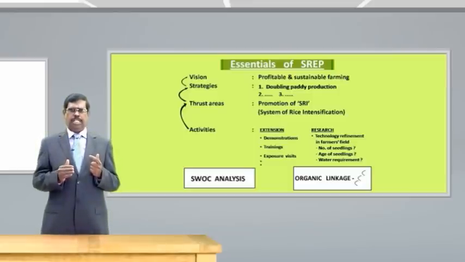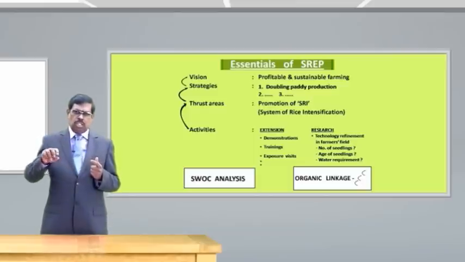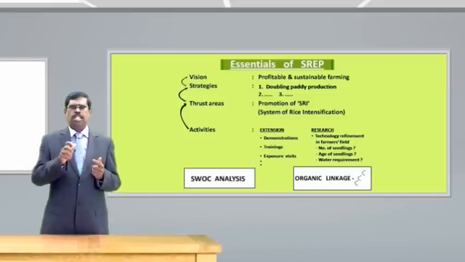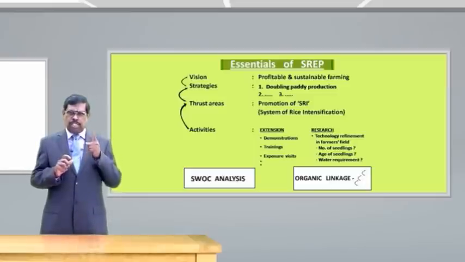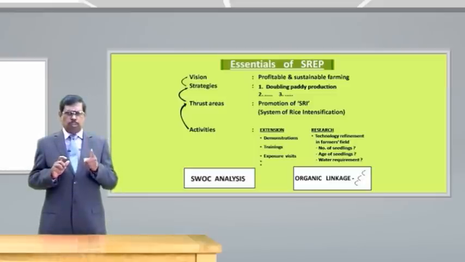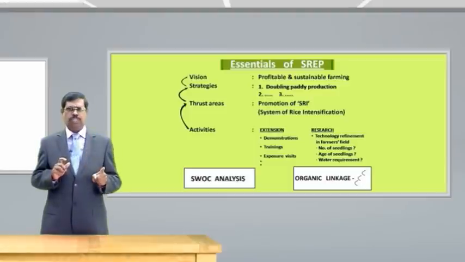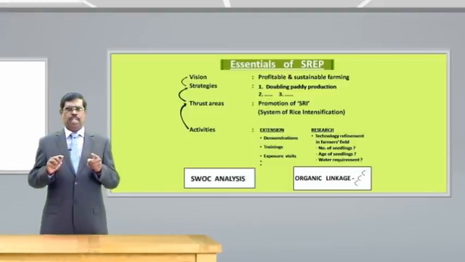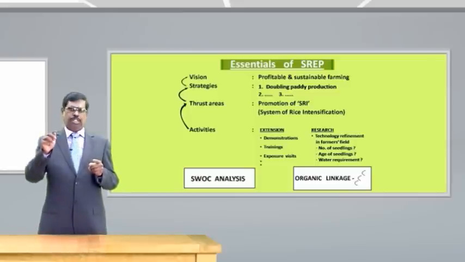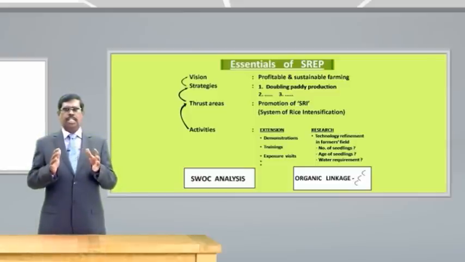Another dimension is we need to ensure that there is an organic linkage between these 4 important components. All the activities we have planned should be closely related to the thrust areas we have selected. Similarly, thrust areas should be related to strategies, and the strategy should be related to vision. So this kind of organic linkage we have to do.